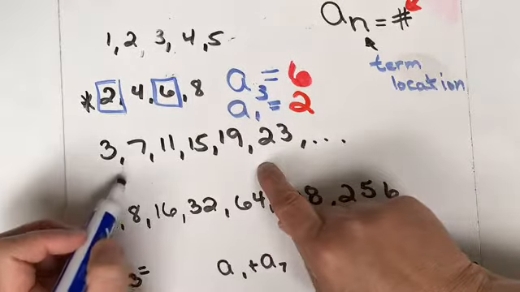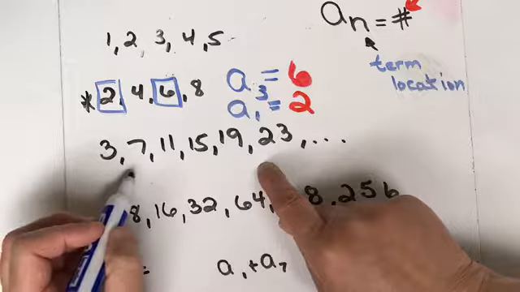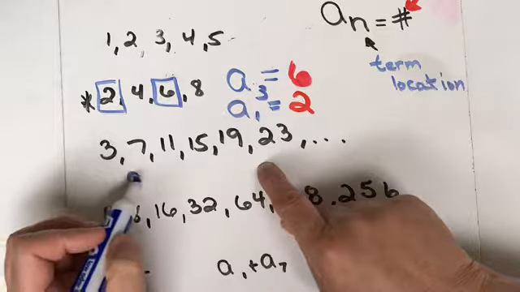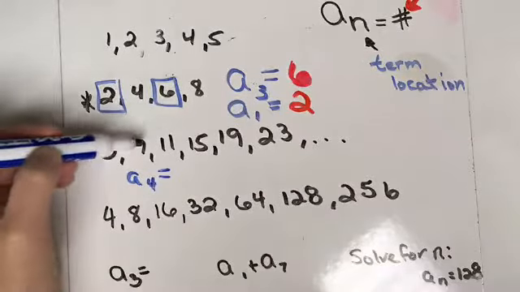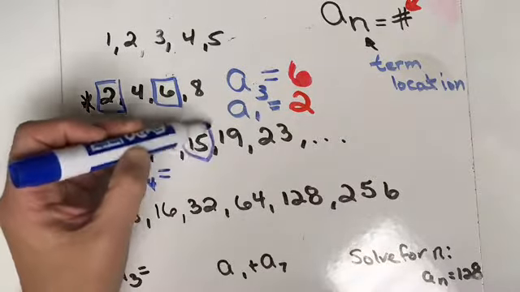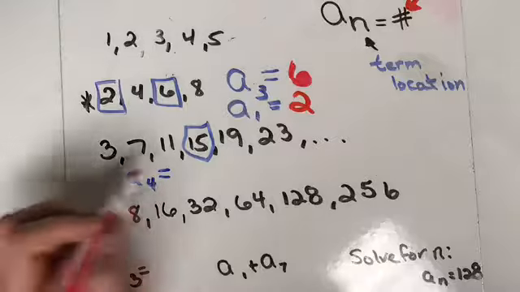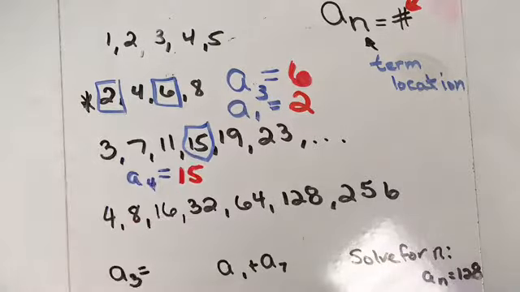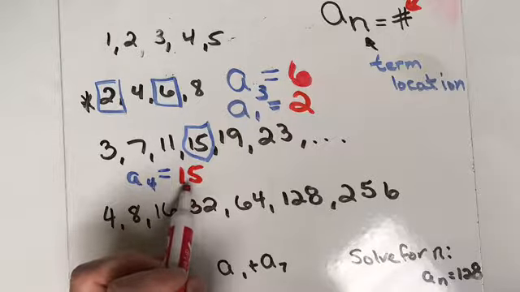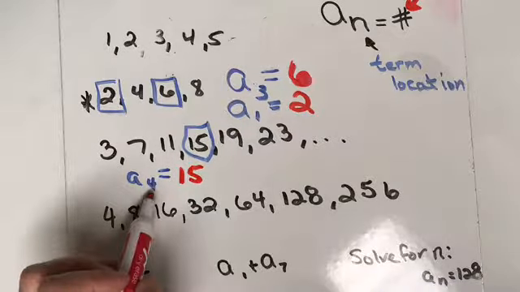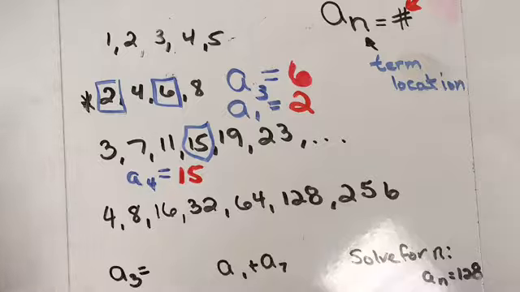So we have, let's try A of 4. A subscript 4. So 1, 2, 3, 4. So A subscript 4 is 15. This is my location in the sequence, and this is my term. So this is the term location, and then the number.